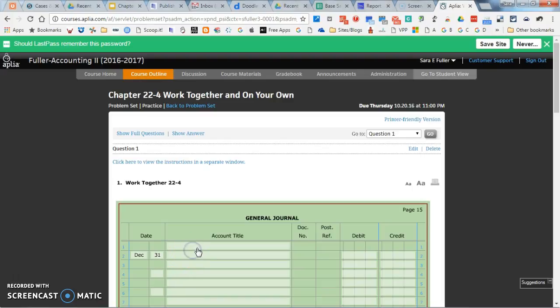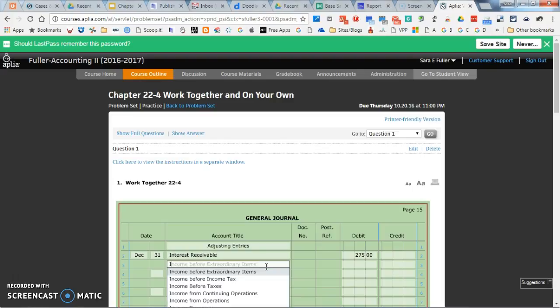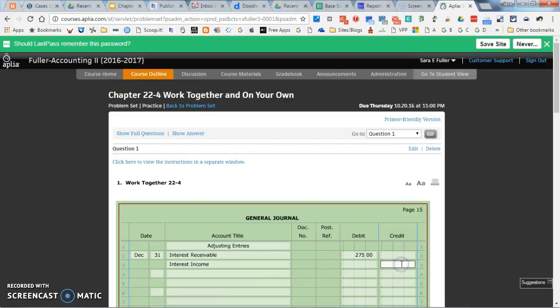We need to label this very top column as adjusting entries. And then our first one will be interest receivable, $275. Second line of that one is interest income. Credit of $275.